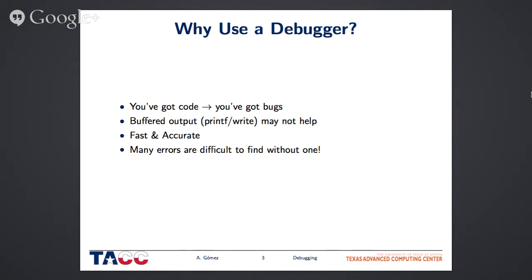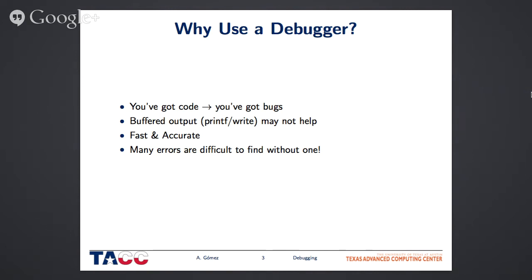The easy solution when you have bugs is just start using printfs or write to files and so on to try to figure out why or where the bug is. Sometimes that is enough if the problem is almost trivial, but most often that is not enough.